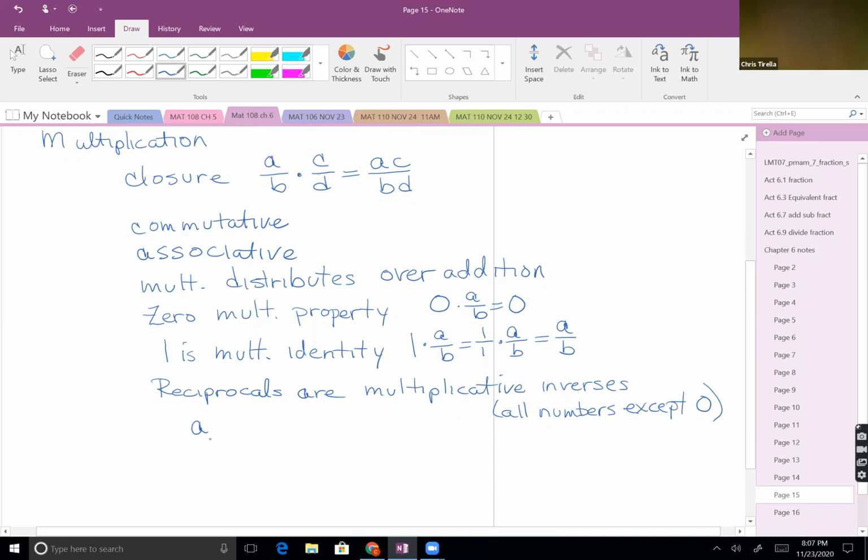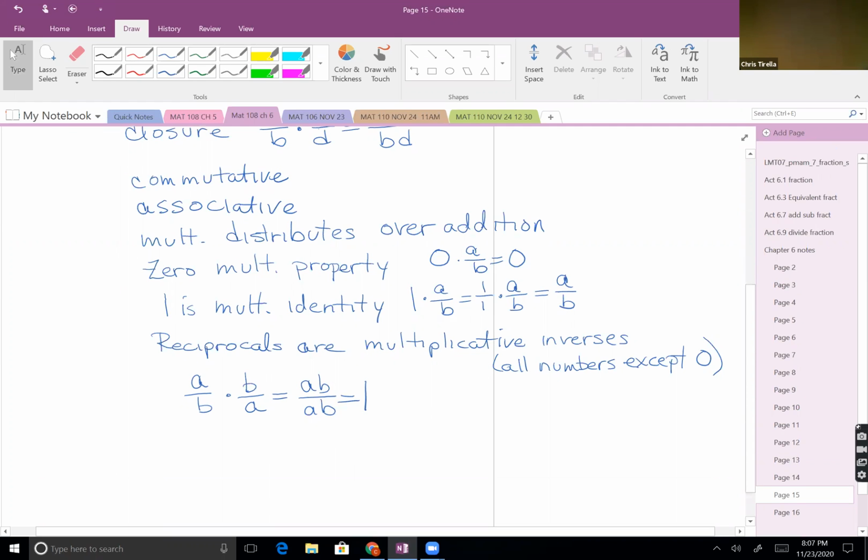If I have A over B, when I multiply by B over A, I get AB over AB, which is 1. And I get my identity back. But again, A cannot equal 0, nor can B be 0.